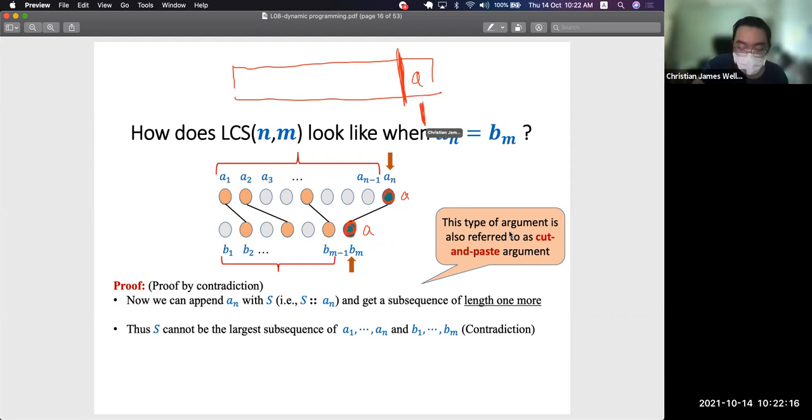Then let's assume the cut and paste argument is saying, let us use something that is suboptimal. We prove by contradiction, by cutting out a suboptimal answer and replacing it with an optimal answer.